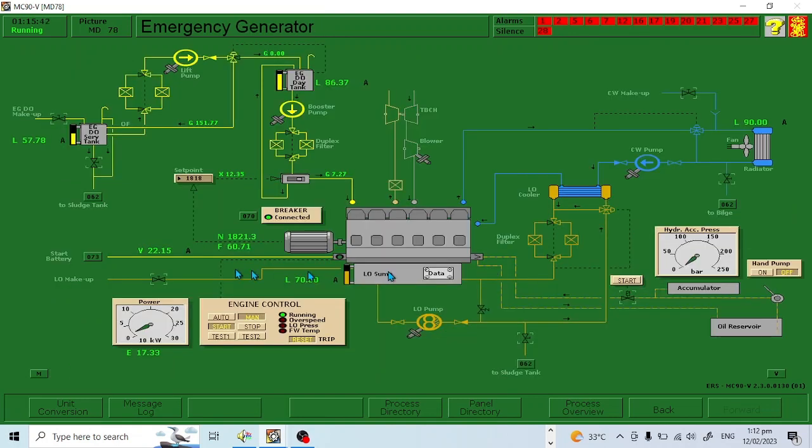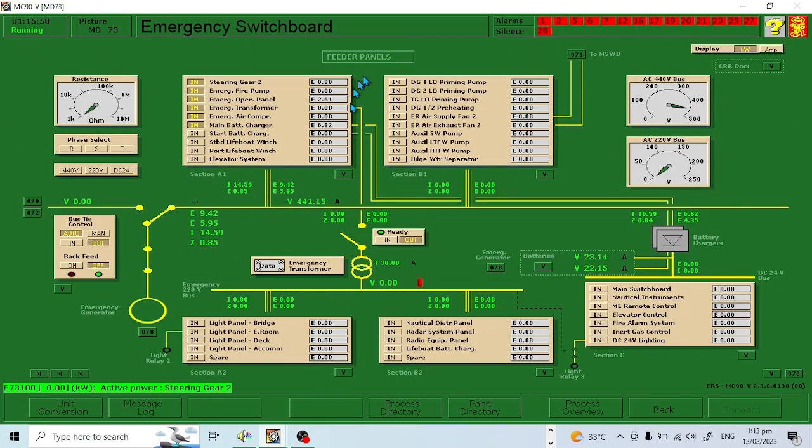So it means the charger of the battery of the emergency generator is also coming from your emergency switchboard. Another, this line also supplies DC 24 volts to your main switchboard.